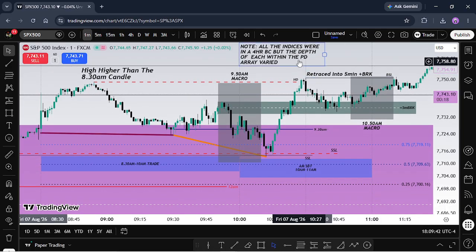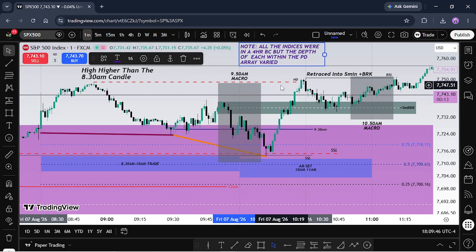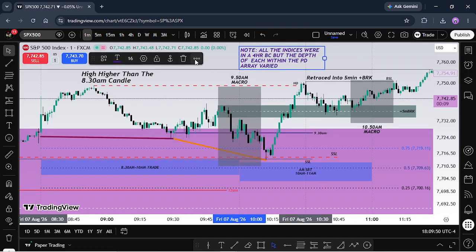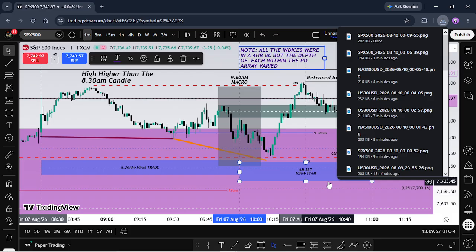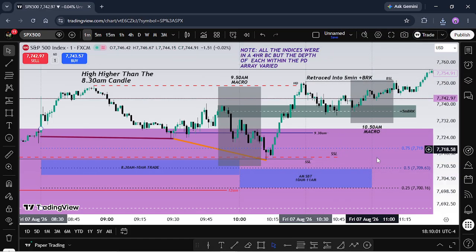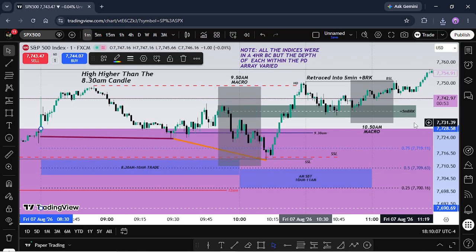I want to make this a different color so it stands out. So this note must stand out, right? Copy, download. You go there, and then okay, right? This.